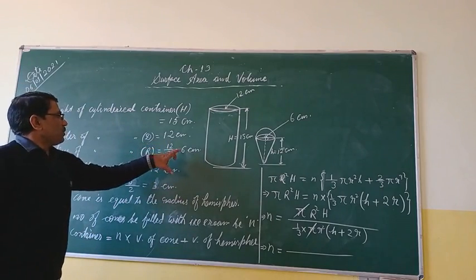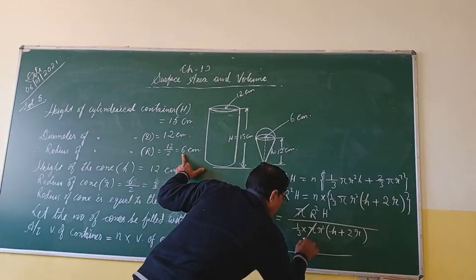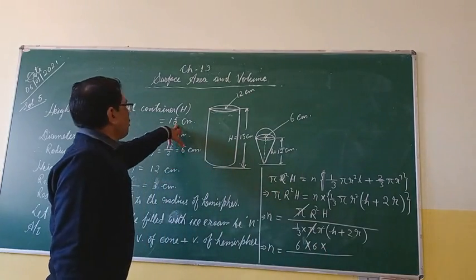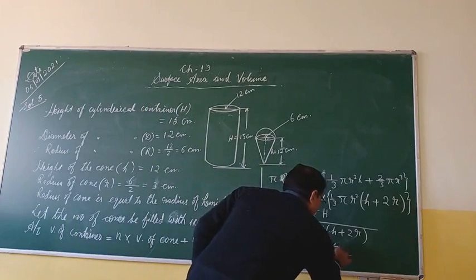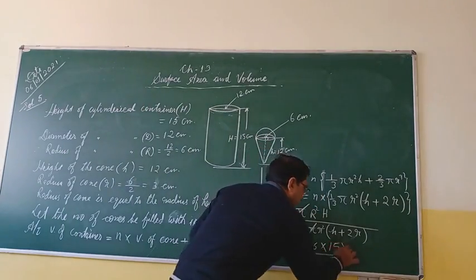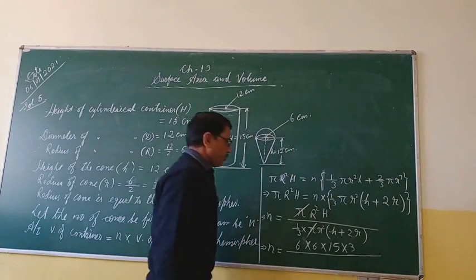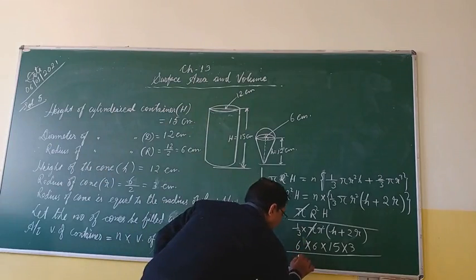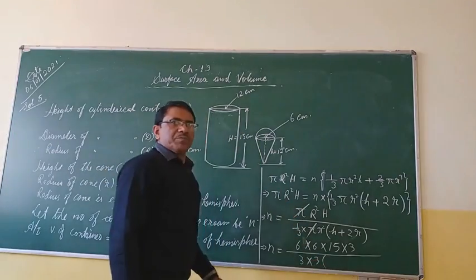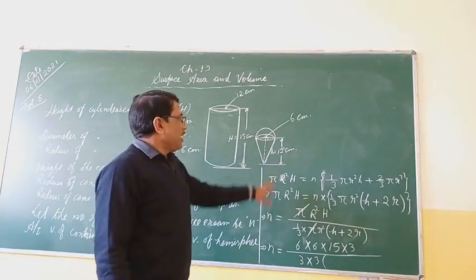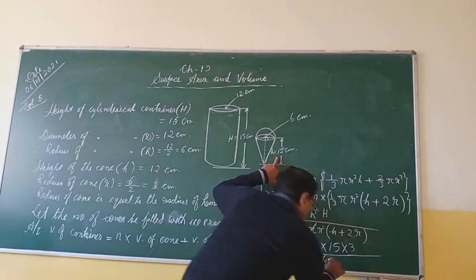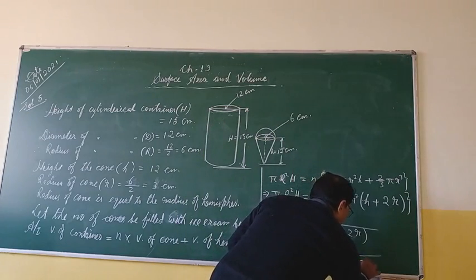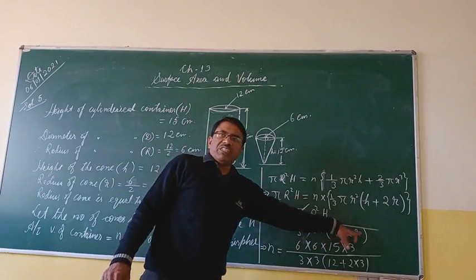The big R squared is 6 into 6, and capital H is 15 centimeter. 1 by 3, this 3 will go in numerator. Small r square is 3 into 3, under bracket h plus 2r. What is the height of cone? 12. So 12 plus 2r, r is 3, so 12 plus 2 into 3. Clear?